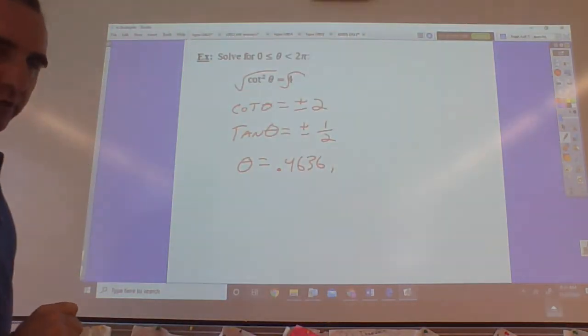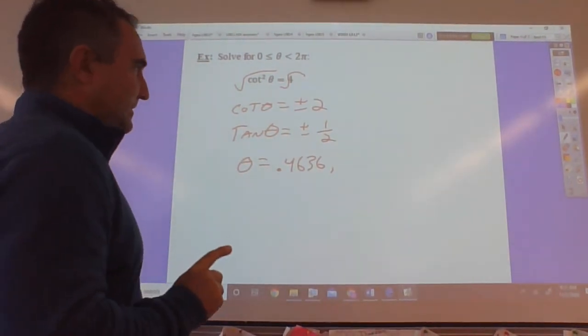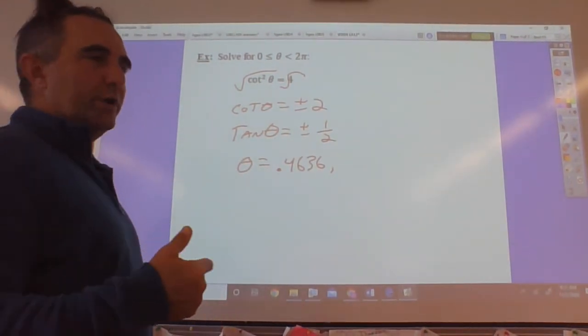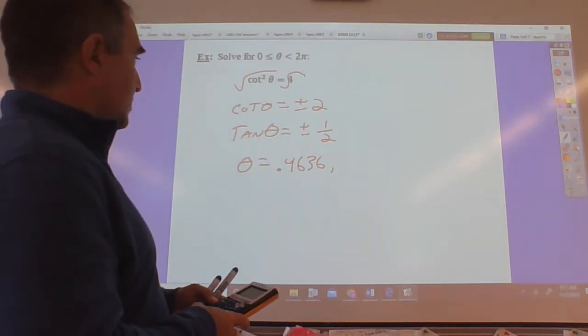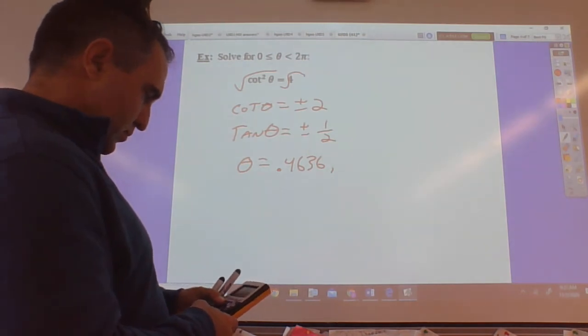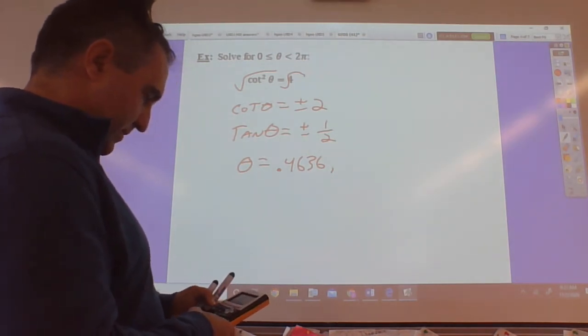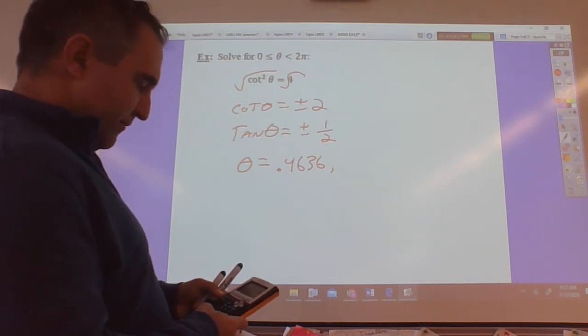That's my first quadrant representative. The nice thing about plus or minuses is you don't have to worry about which quadrants because you need them all. So 0.4636. Oops, my calculator, my hand calculator, I'm in the wrong mode. So there's my reference angle.